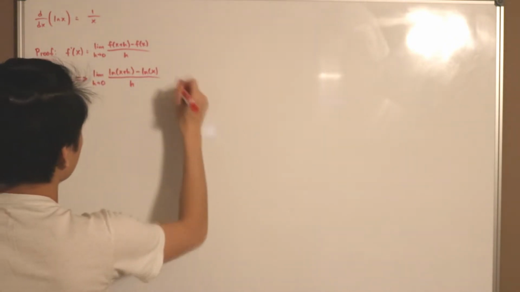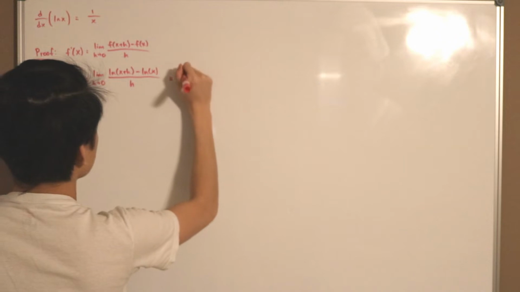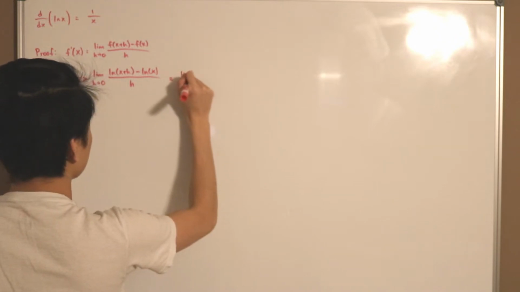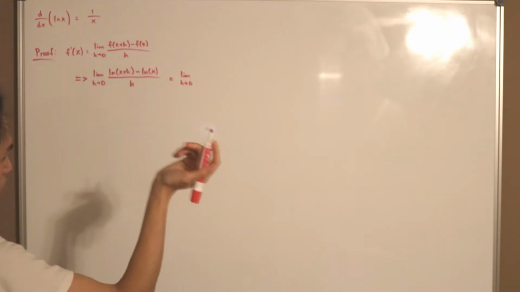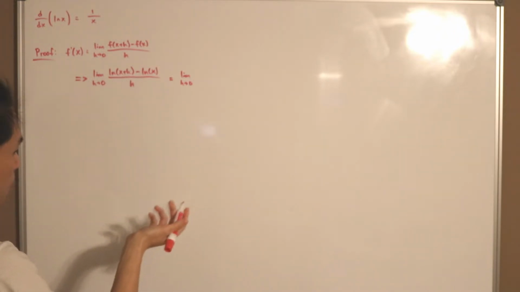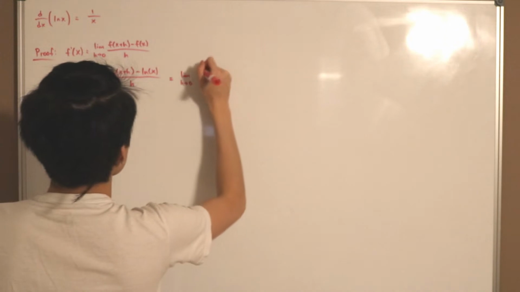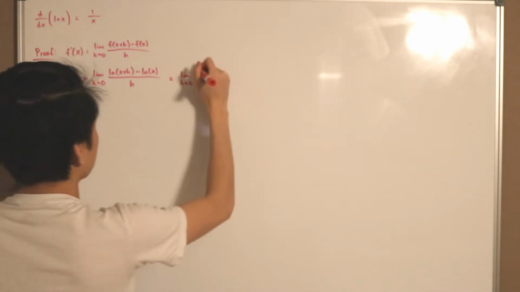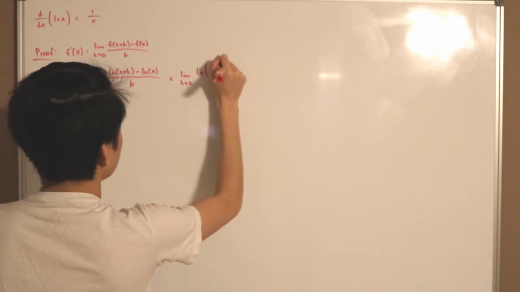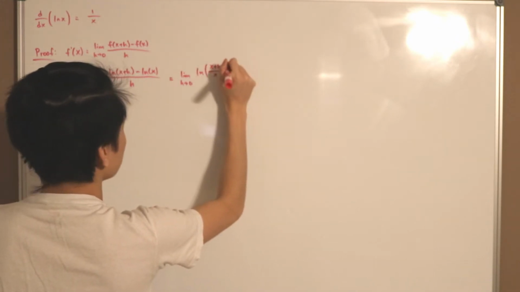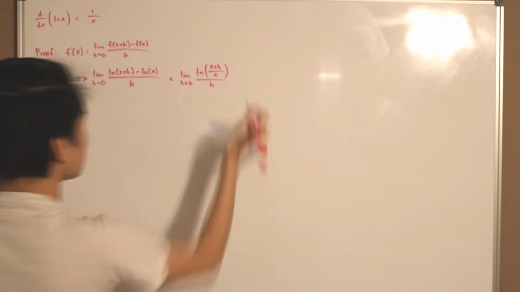Using rules of natural logs, since this is minus, it actually means divide. So the limit as h approaches 0 of the natural log of x plus h divided by x, and then all over h.